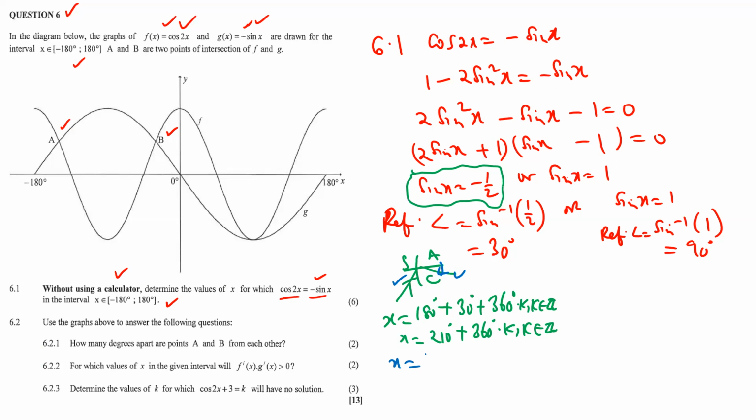So that will be 360. We subtract 360, we subtract 30 degrees. 360 times k, where k is an element of the set of integers. 330. K is in the integers, which is 330.